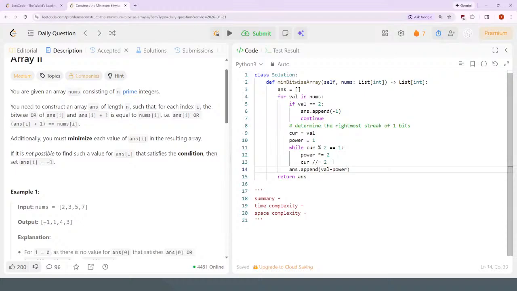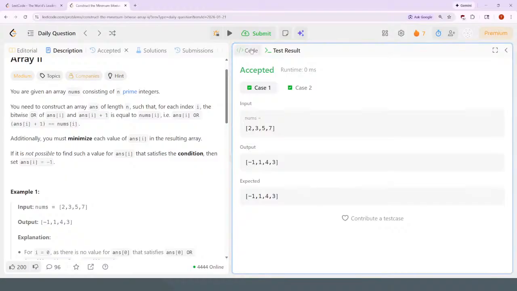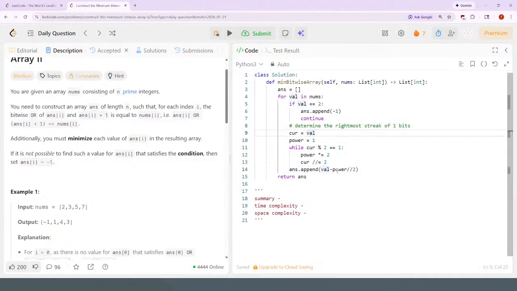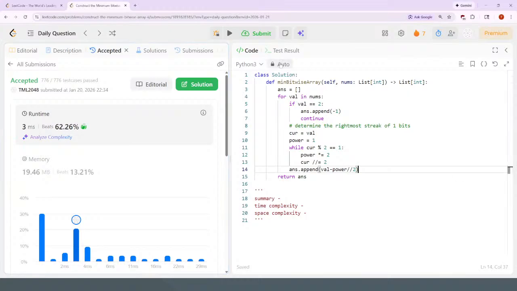So it has to be like power divided by 2. That might be faster than an exponential calculation here. Same speed, same speed.